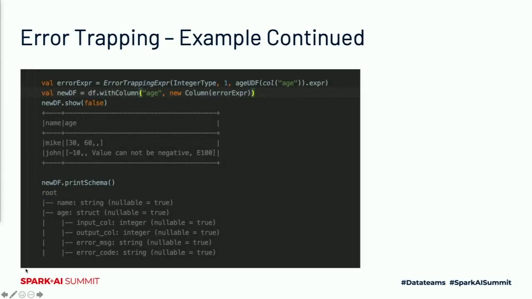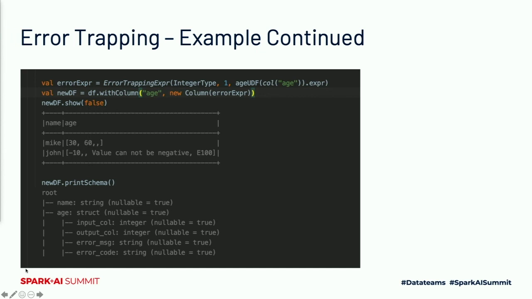Okay, here we create this custom expression, and we can see that its child is actually this validating UDF, which is age UDF. And now when we map the age column and we attach this newly created expression with the age column by calling the withColumn API, and then execute this data frame, we see that the errors are actually trapped in the second row.